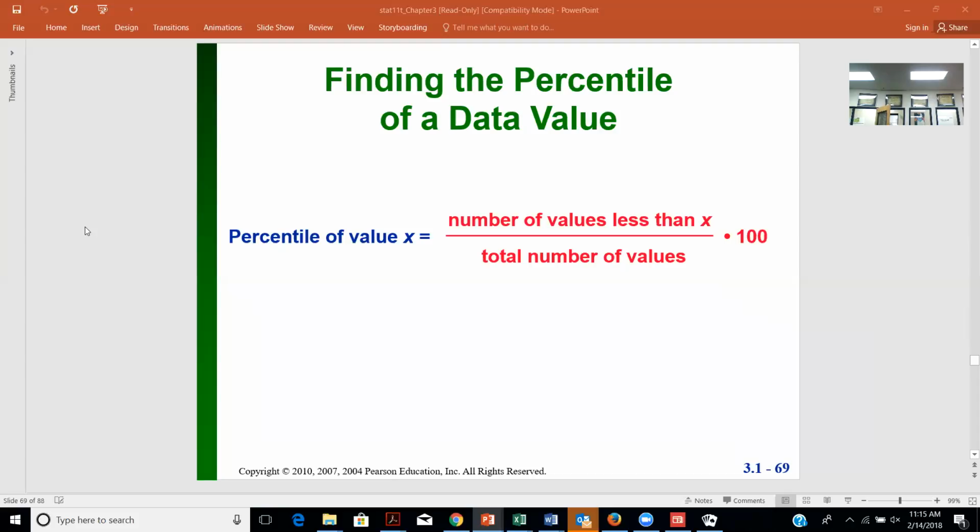The coefficient of variation is S over X bar times 100% for a sample. So we're going to use that. In this case, S is 8632.5 divided by X bar, the mean, 15668.5.